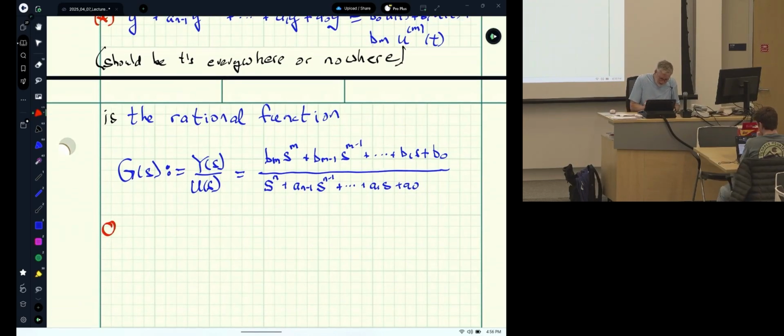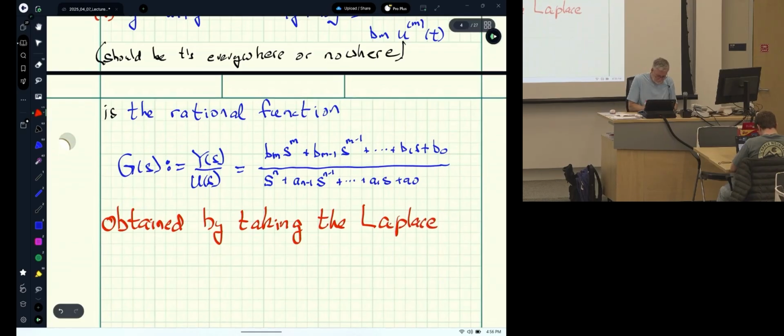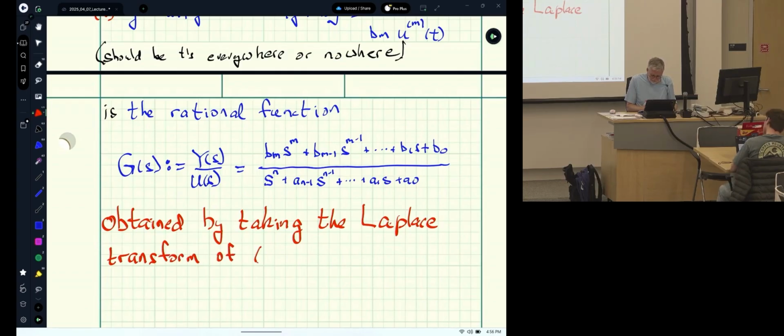And this is obtained by taking the Laplace transform of star with all initial conditions equal to 0.